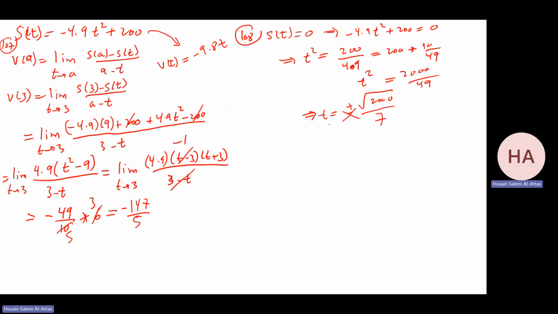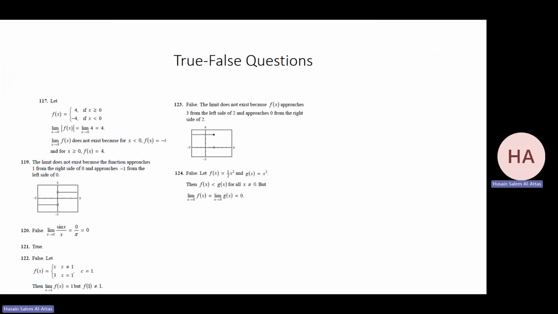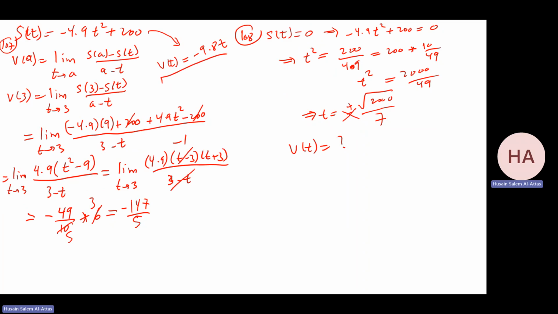This thing you can find now, v at t. I will leave it for you using this limit, which is a little bit complicated. Or using this formula, you can get it quickly. That is minus 98 over 10 times this value, which is minus 49 times 2000.